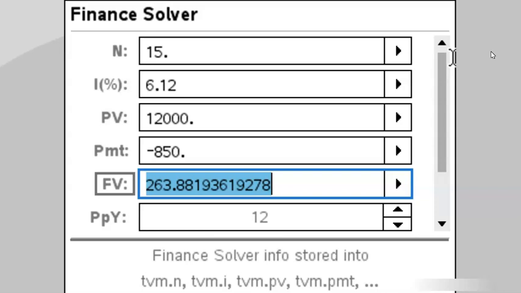Notice that is a positive number. That means she slightly paid too much, $263.88 too much. So we're going to find that adjusted payment by doing this future value we've just found plus negative $850, and taking the sign with it.